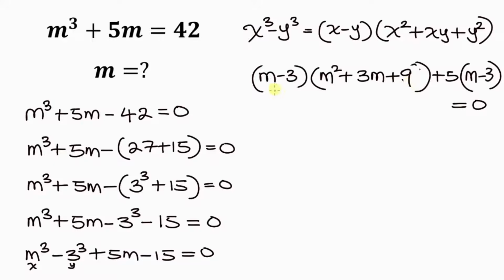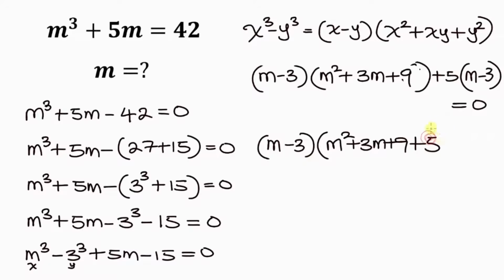So now we're going to factor out m minus 3 because it is common. So I factor out m minus 3 and then open a bracket. Now this divided by m minus 3, I'm going to have m squared plus 3m plus 9. And then plus this divided by this, I'll have 5. So plus 5 equal to 0.